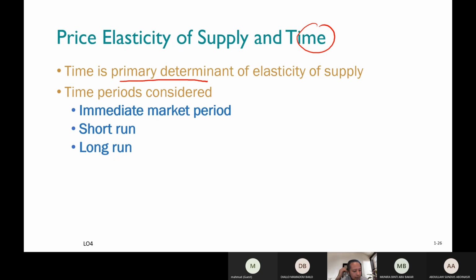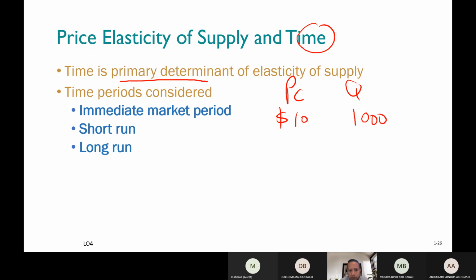So imagine, for example, if you are a chicken producer, and you are selling one chicken for 10. Okay, and let's say you can sell 1,000 chickens per week.